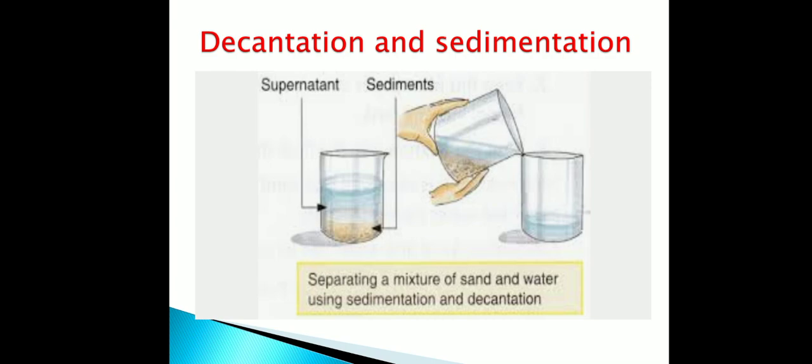If we mix sand and water and keep the mixture without any disturbance, after some time you will see the layer of water on top and the particles of soil settled down, and slowly you can decant the water from the mixture.